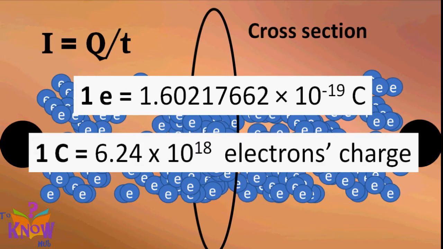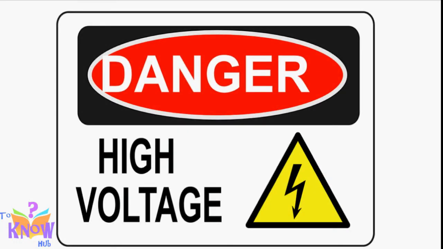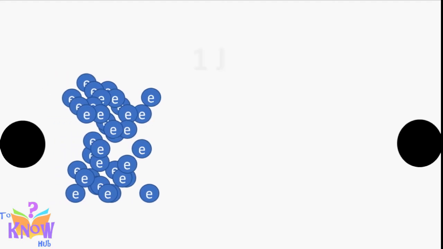Now we always hear the word voltage. That is actually the unit of potential difference. Now what is that? The potential difference between 2 points in an electric circuit is the work done to move a unit charge from one point to another.